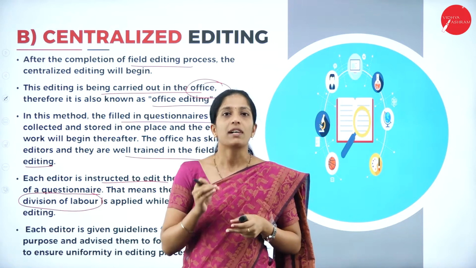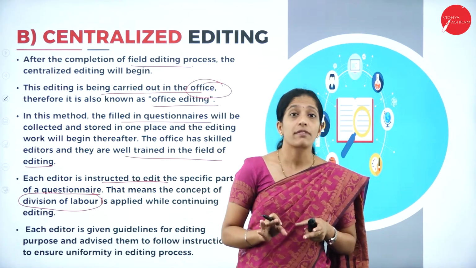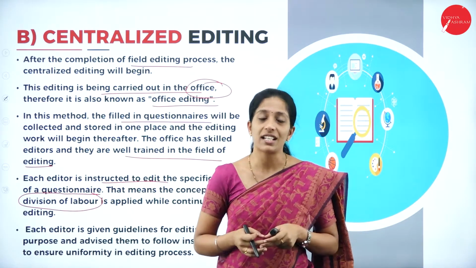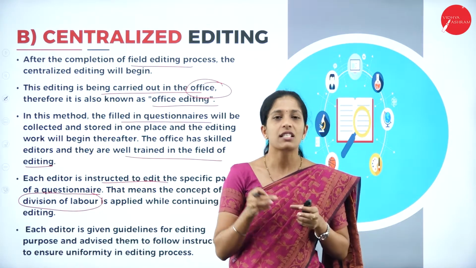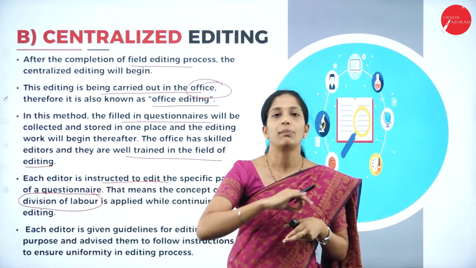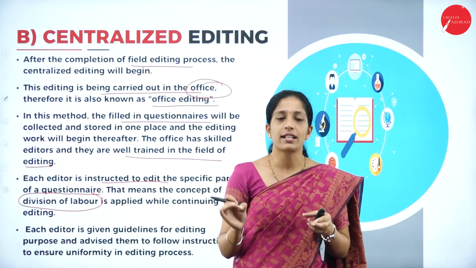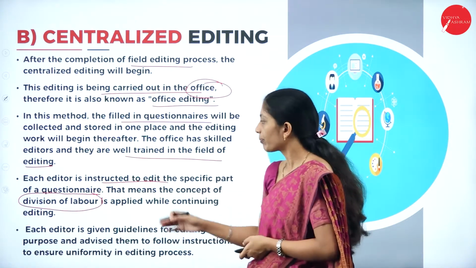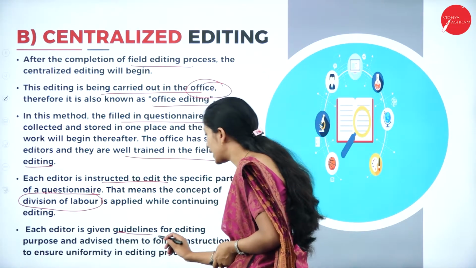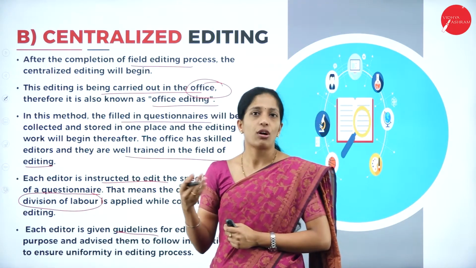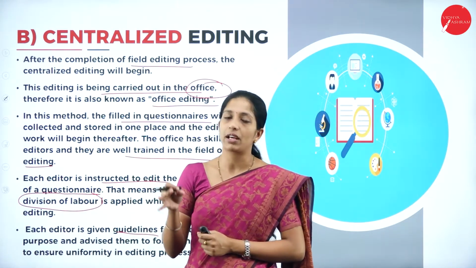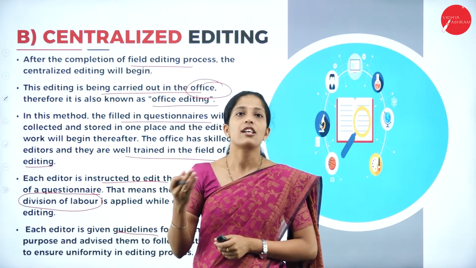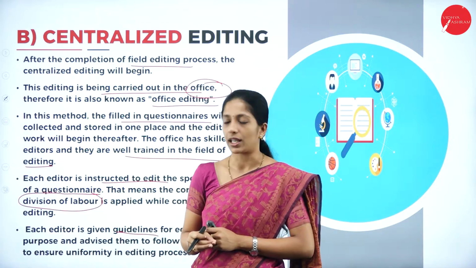Division of labor takes place in the office, because each part of the editing work is divided among all the editors and individually they edit the research work. Each editor is given guidelines. All the guidelines and information will be given by the researcher to the editor. Based on that, the editor is going to edit the research work.